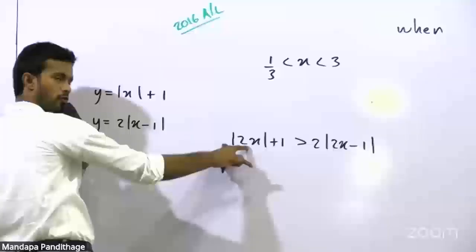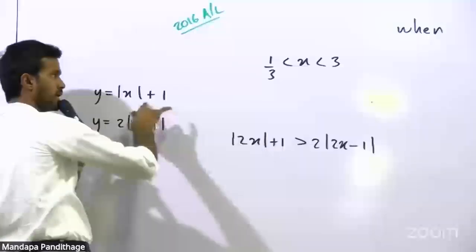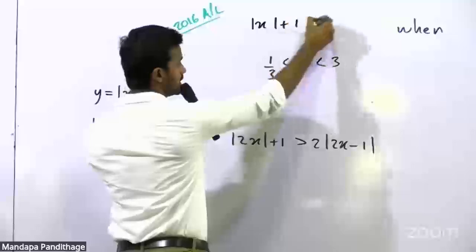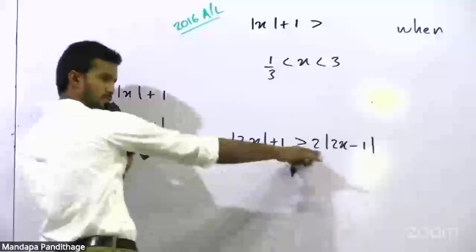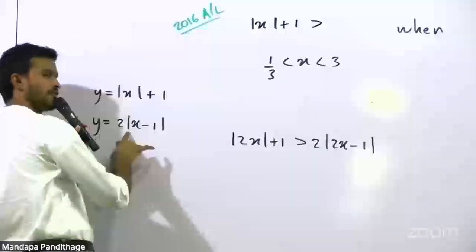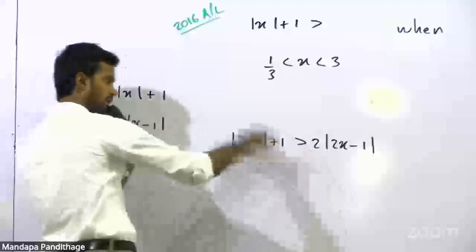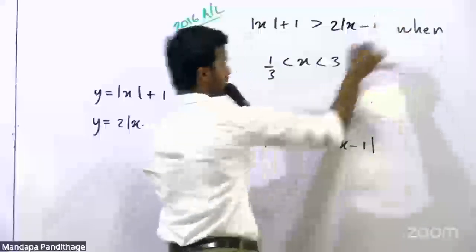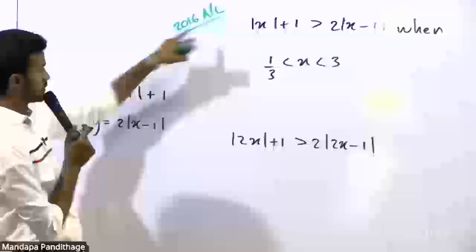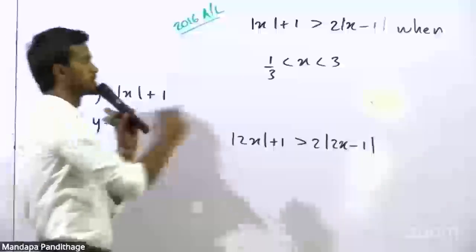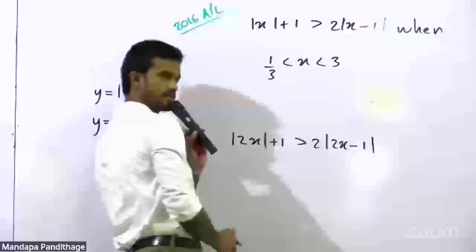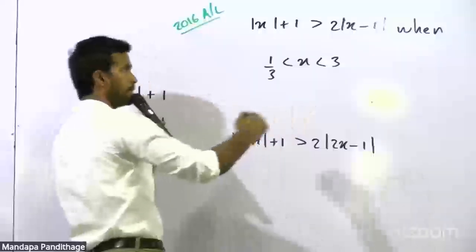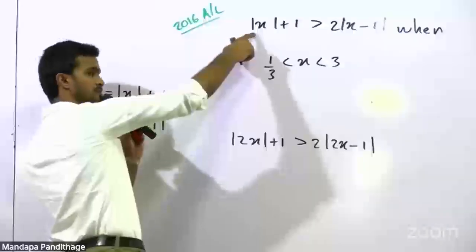So instead of modulus 2x plus 1, I'm writing modulus x plus 1 is greater than, instead of this one, I'm writing this, because this is the graph that I know. So instead of this one, I'm writing 2 times modulus x minus 1. Since I have drawn these two graphs using the Cartesian plane, I'm going to solve it and I get this answer.